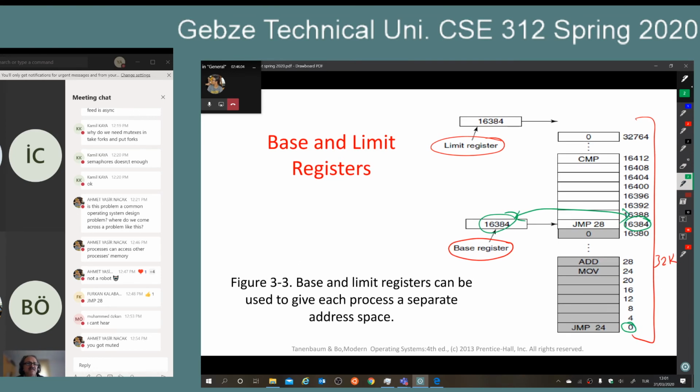When I do a context switch from this process to this process, my base register becomes 0, and I need to save this base register in my process table.